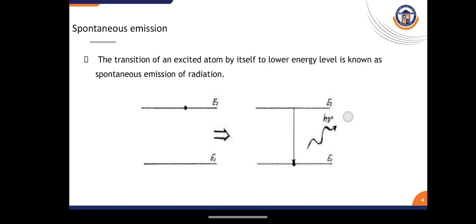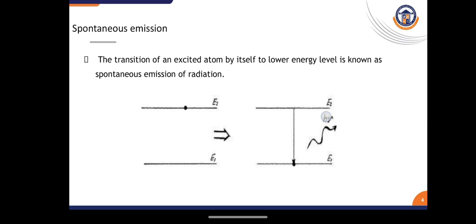When an excited atom makes a transition by itself to the lower energy level, that is spontaneous emission of radiation. During this emission, energy h mu is released by the atom.